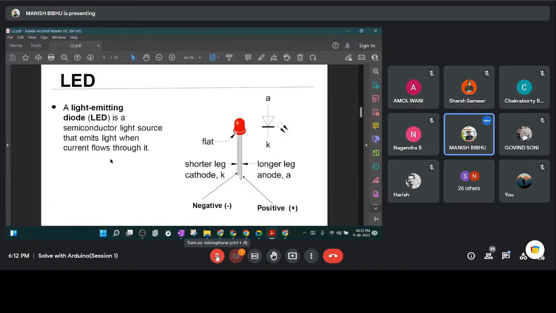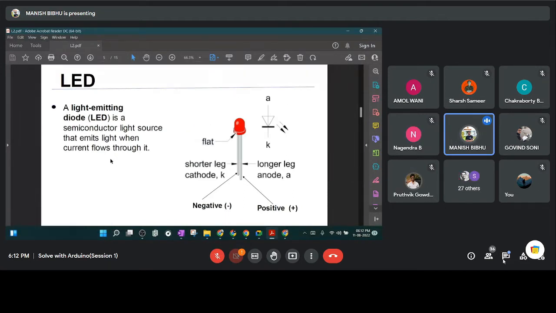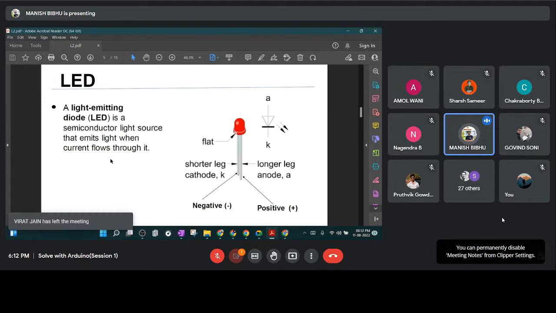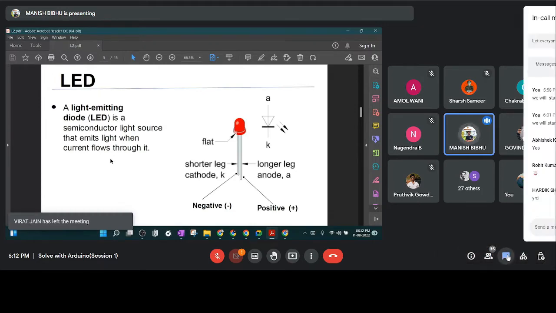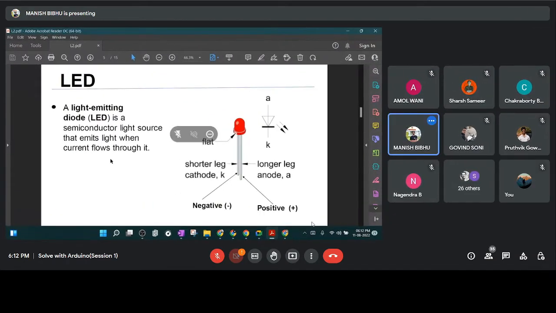So the first basic component in electronics is the LED. LED is basically a light emitting diode. It has two terminals, one is positive and the second is negative. So it is a one-way device.